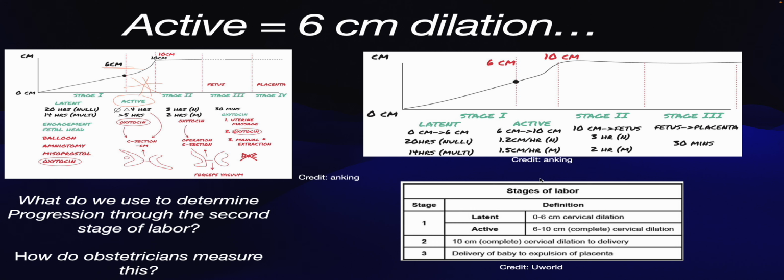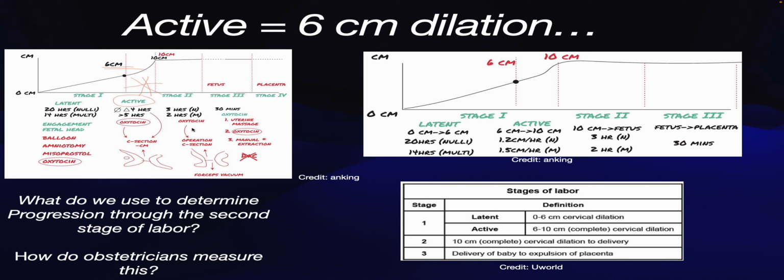It's not necessarily an arrest if we're still moving, because we're not at a standstill, but we're just not progressing at the rate that we'd like to. So basically, the threshold that we look for is 1.2 centimeters per hour in a nulliparous patient, or 1.5 centimeters per hour in a multiparous patient. So those are good numbers to have in the back of your mind.